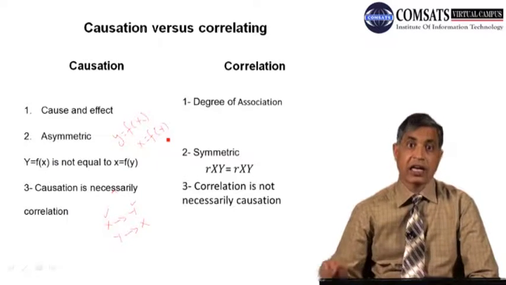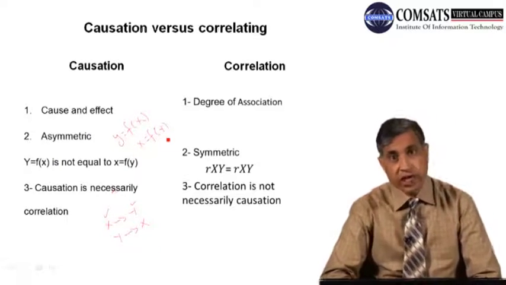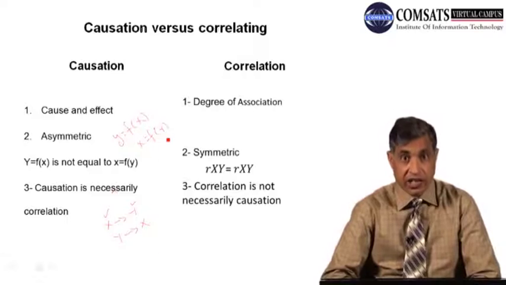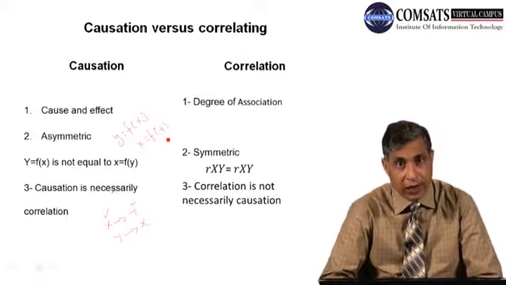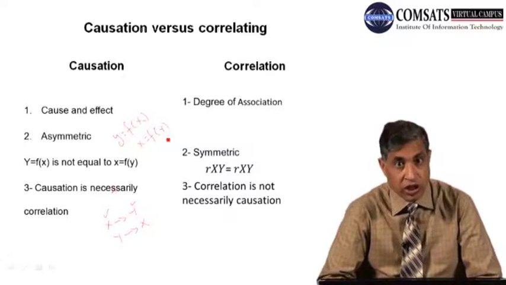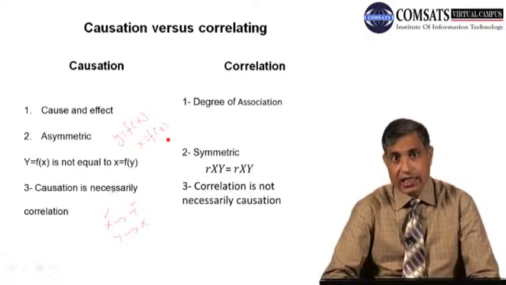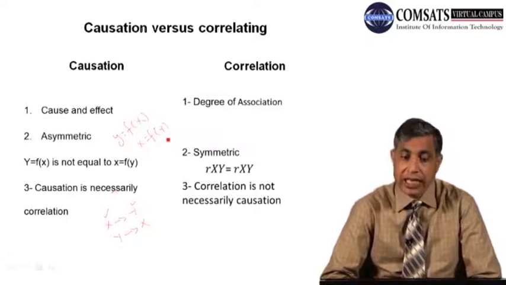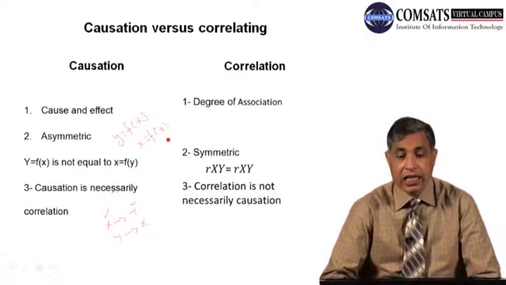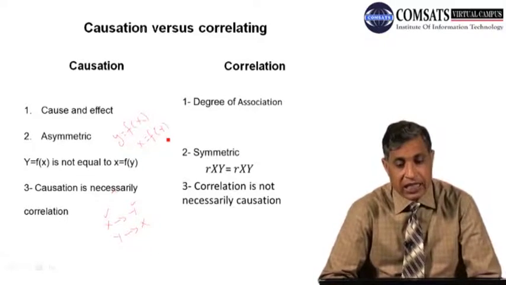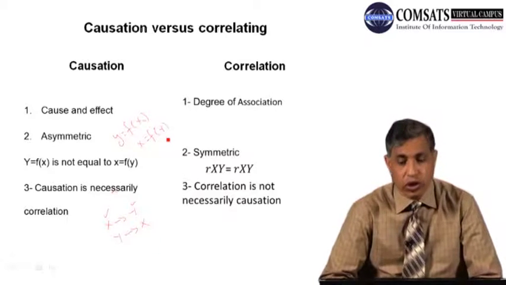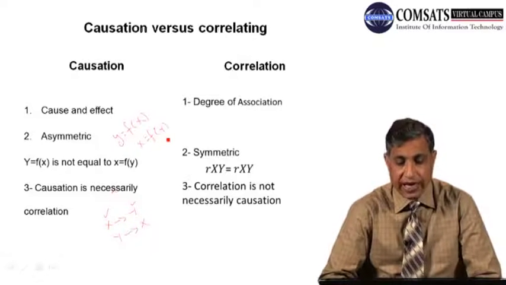So the arranging of the variables is very important in a cause and effect relationship. On the other hand, we have just proved that correlation measures only association, and the arranging of the variables doesn't matter. It is symmetrical in nature: the correlation between x and y is equal to the correlation between y and x.